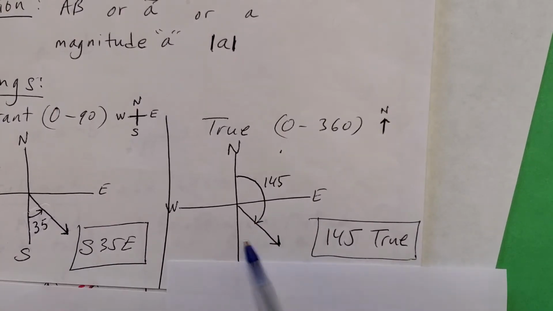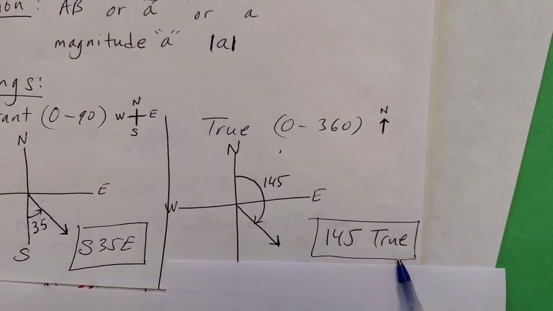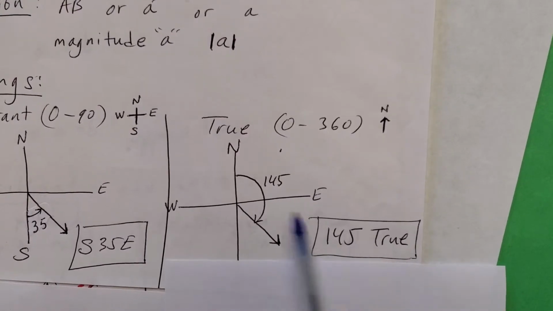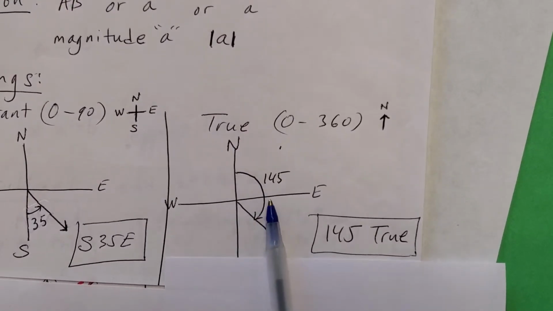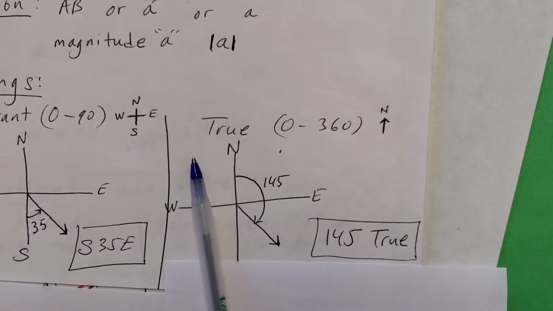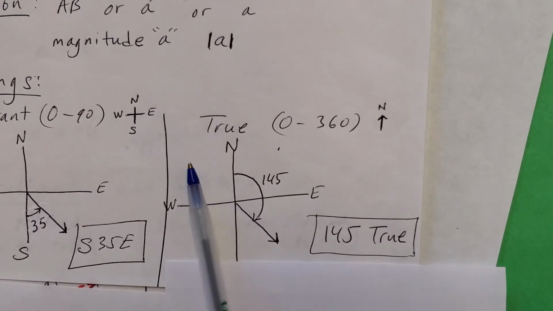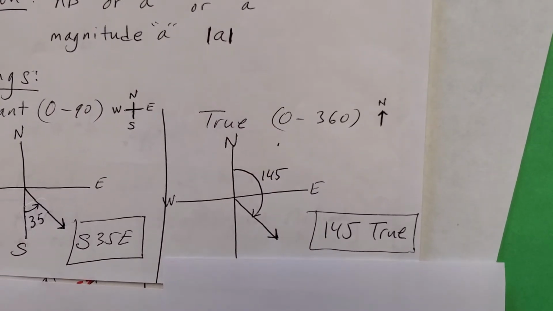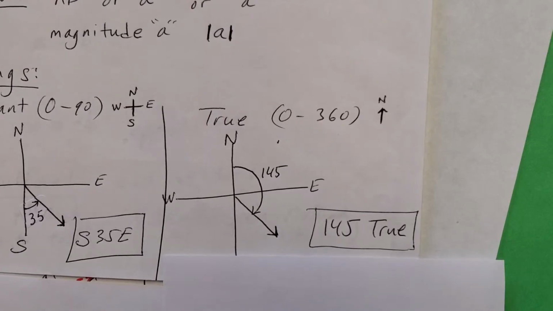So this angle, you can call it two ways. But you have to put the word true next to it to show that we're not doing it this way, we're doing it this way. Right? Starting from true north, turn 145. So what would this angle here be? That would be 300 and something, right? All the way across would be like 300 something. Okay? So it's just two ways of expressing directions.